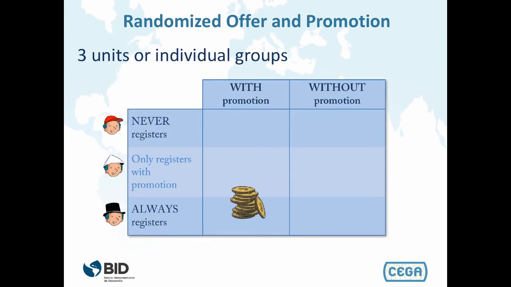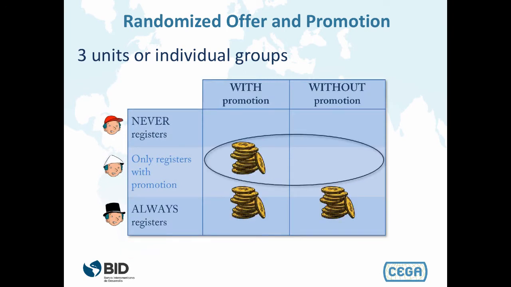So, in randomized offering and promotion designs, we have three individual groups. We have a group that never registers, one that only registers with promotion, and one that always registers. If we take our population and randomly assign them into two groups, one that gets promotion and one that doesn't, we have three types.